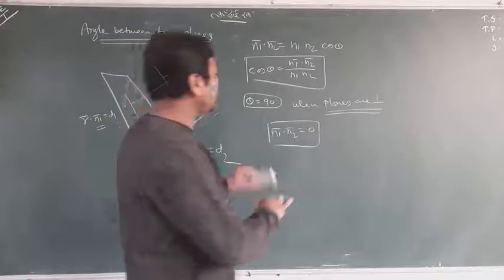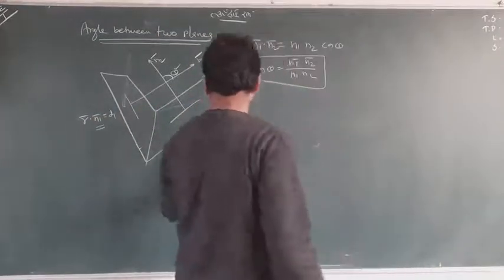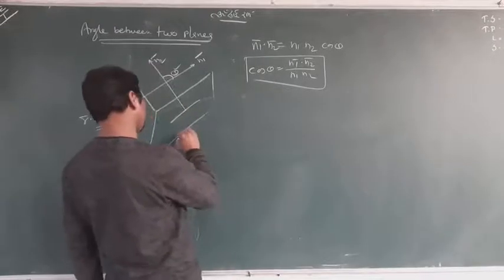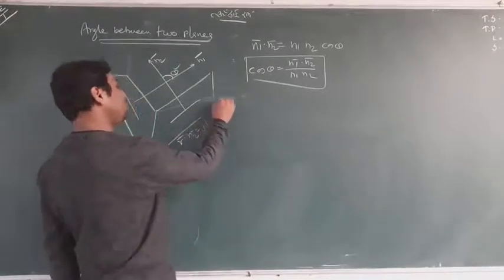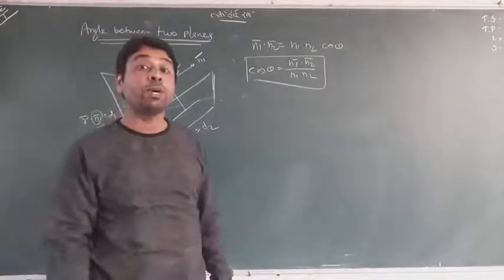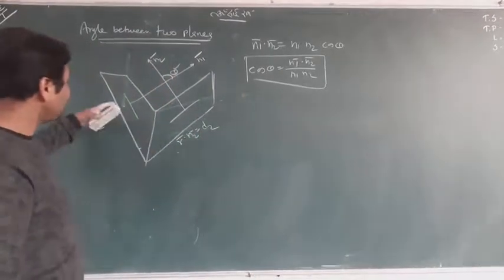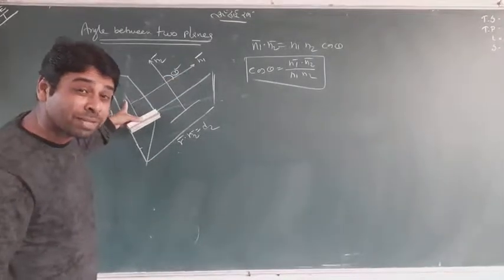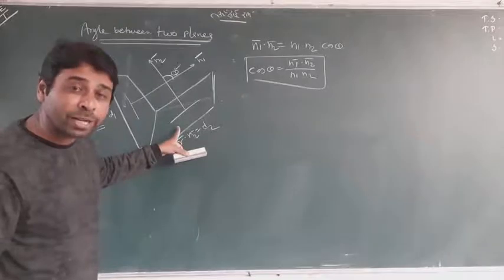So let me rub this out for a while. Can you change r dot n2 is equal to d2? You remember what n1 is? n1 contains the ratios of the normal of the first plane, called a1, b1, c1. The ratios of the normal of the second plane are called a2, b2, c2.